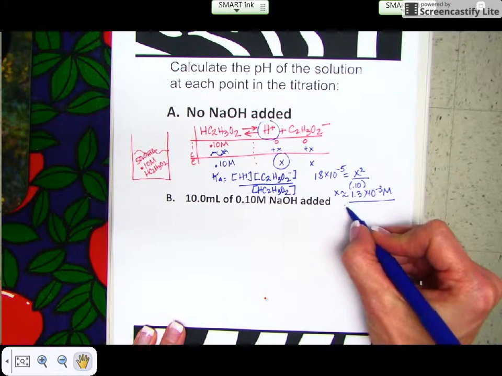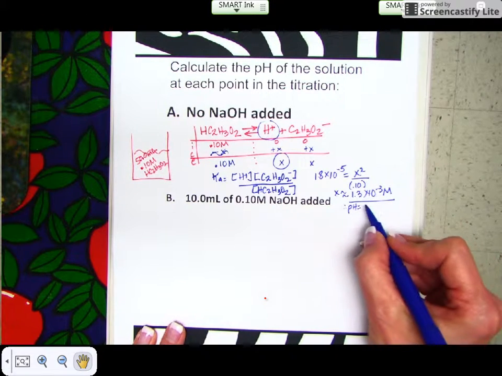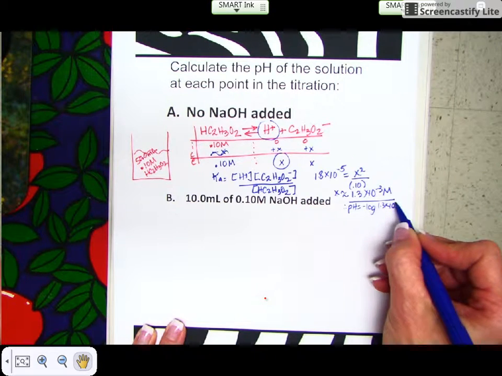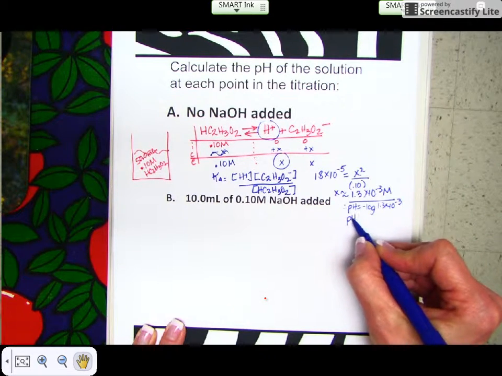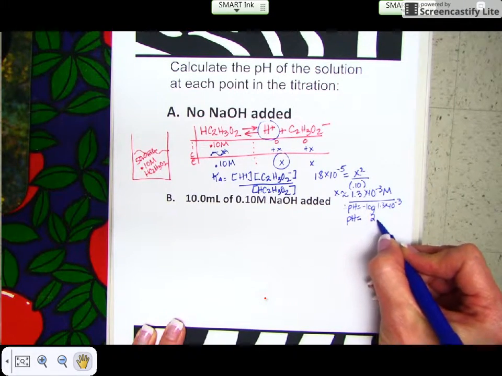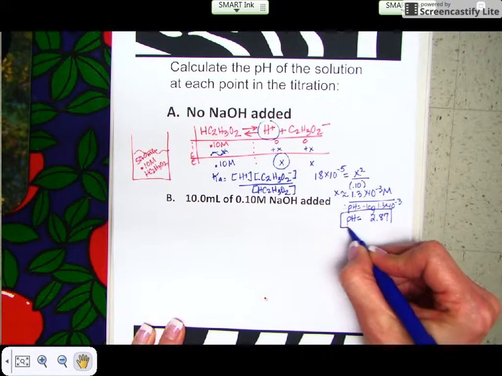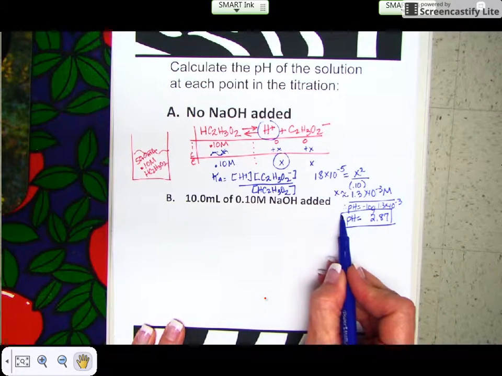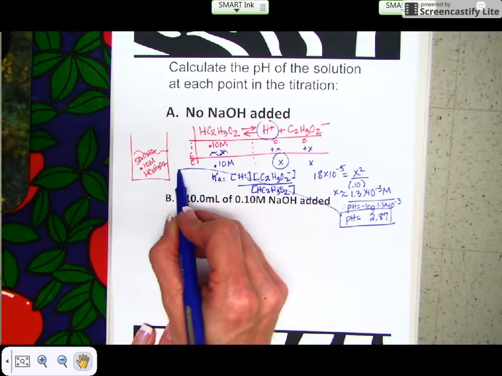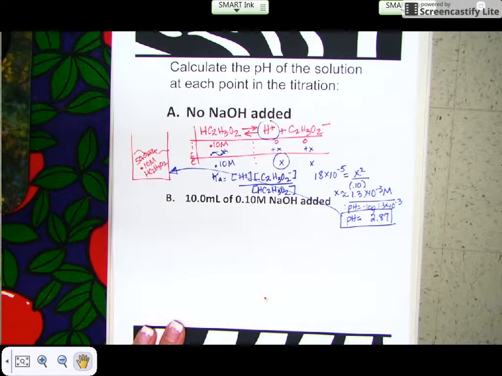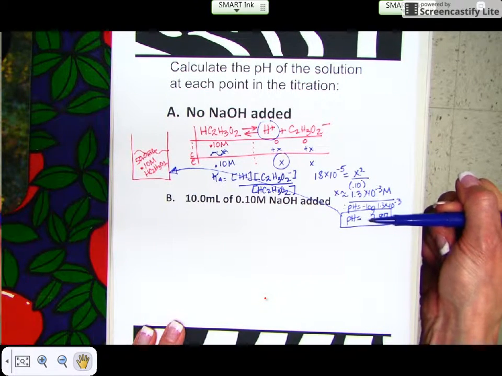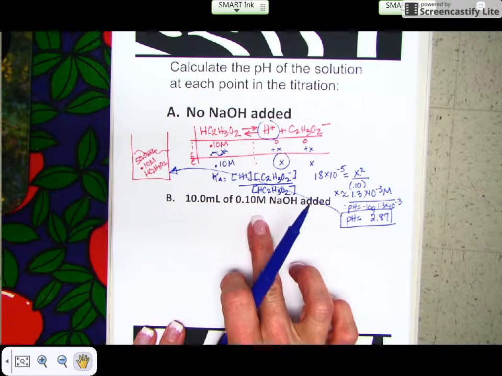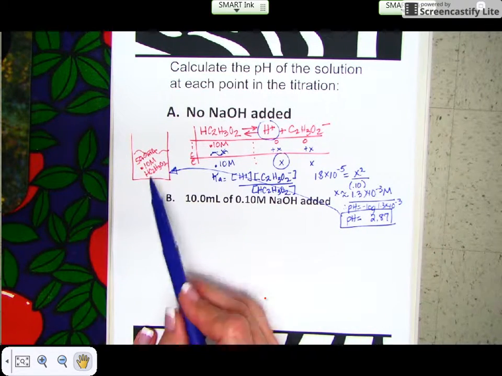So if we take the negative log of that, pH is equal to negative log of 1.3 times 10 to the negative 3. So the pH is equal to 2.87. This is the pH of the acid in the flask at the beginning of the titration. So we'll pick up tomorrow with the calculation as we add the strong base to the weak acid.